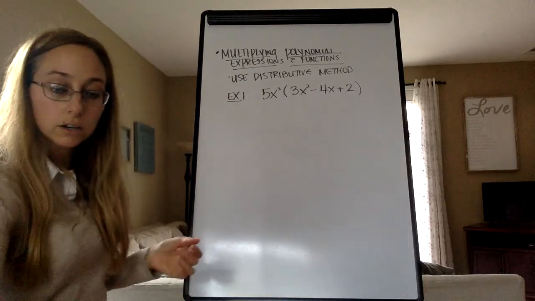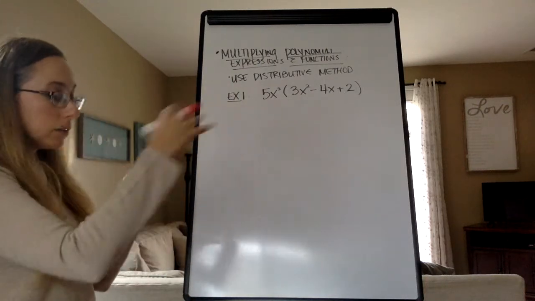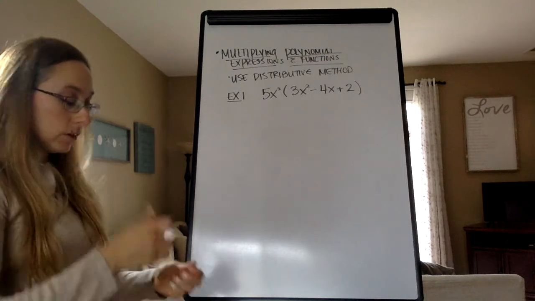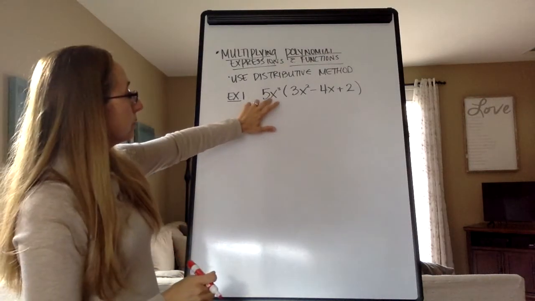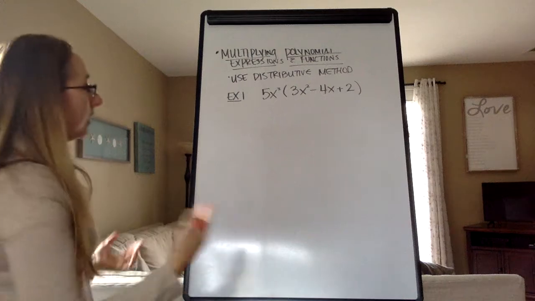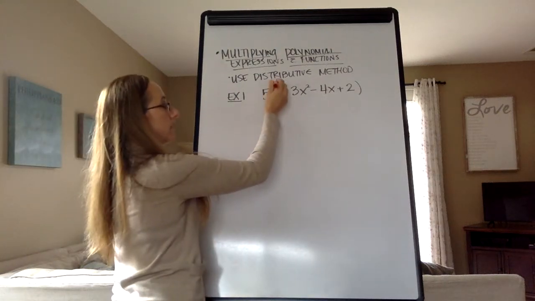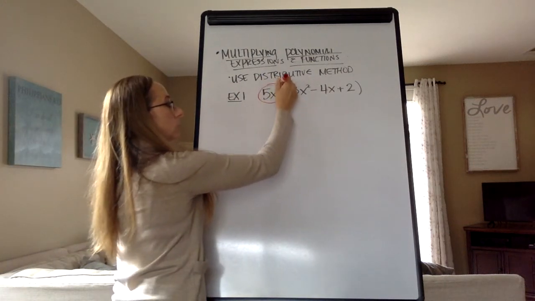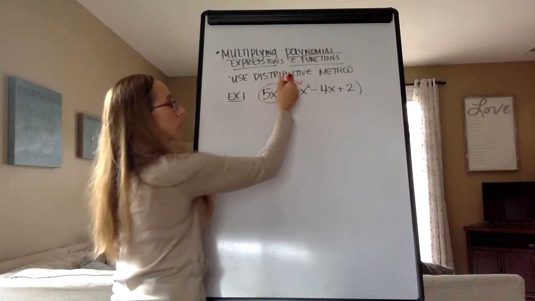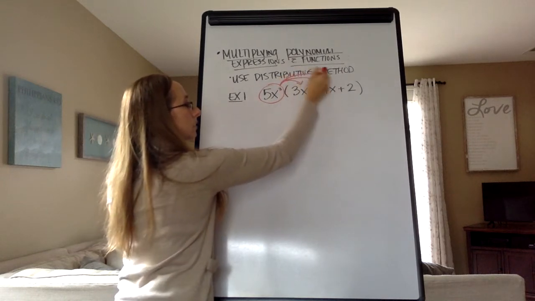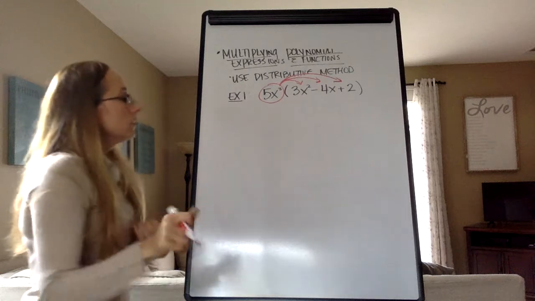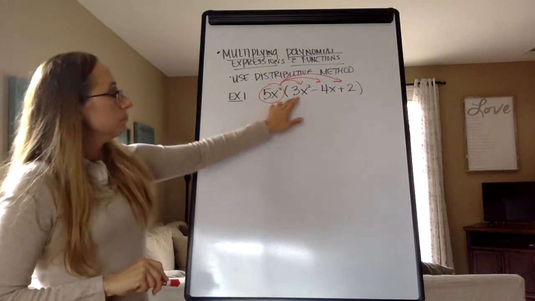Well, we're going to take our first polynomial expression and distribute each of the terms in our first polynomial. In our first polynomial, we only have one term. So we have 5x to the third. So we're going to take 5x to the third, and we're going to distribute it to every term in our second polynomial. So we're going to take 5x to the third and multiply it out.